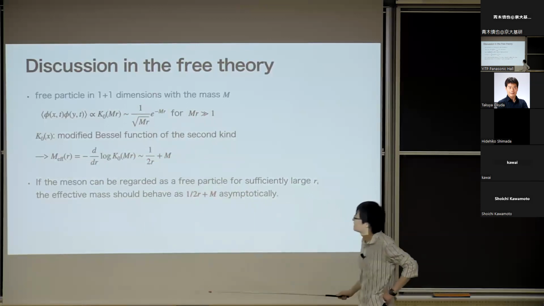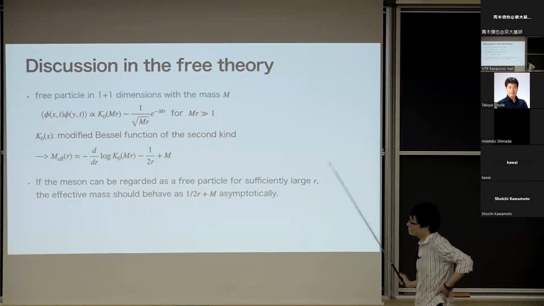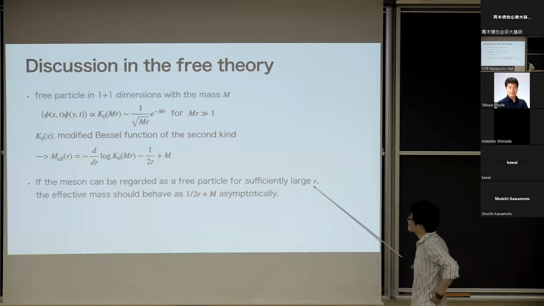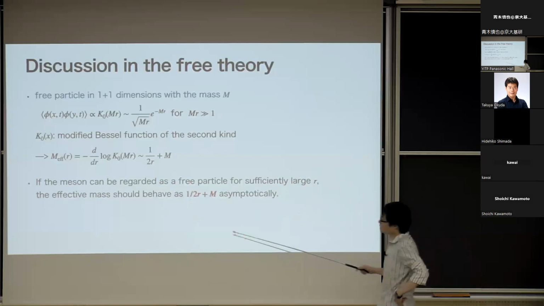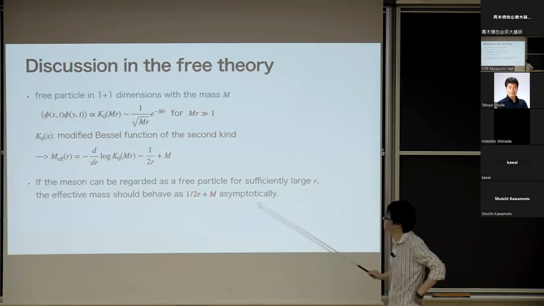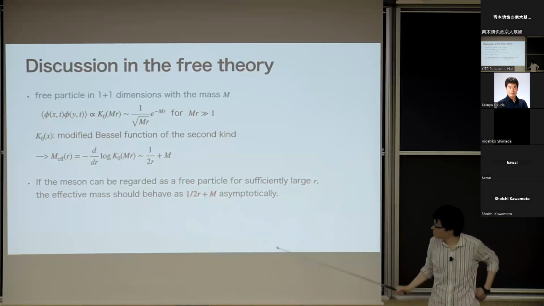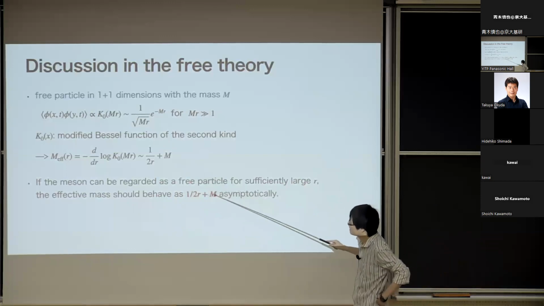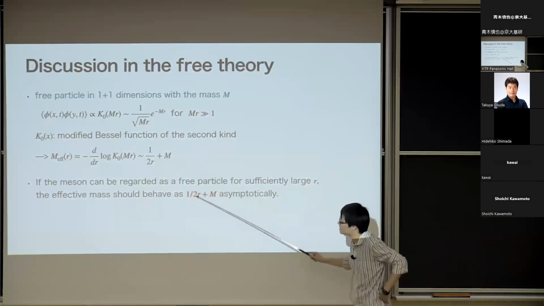So if we can regard the meson as a free particle for sufficiently large distance, the effective mass should behave like the 1 over R term plus m asymptotically. This is the point. It's not just a constant, not just a plateau, but some R dependence appears here.